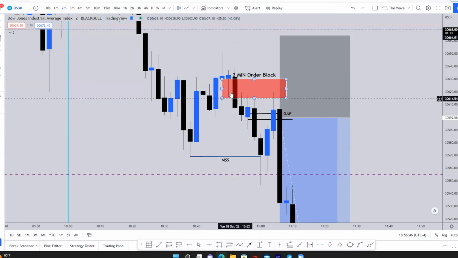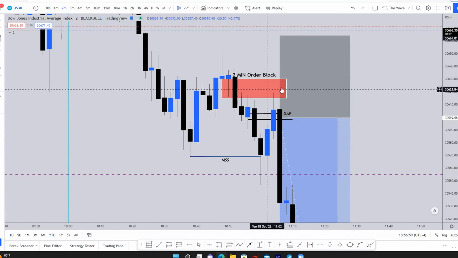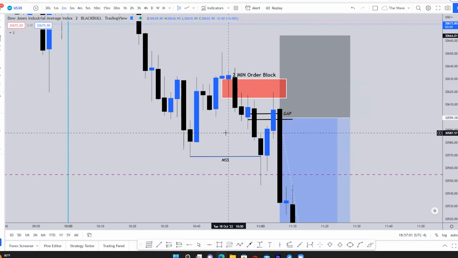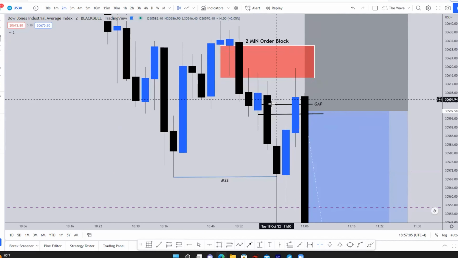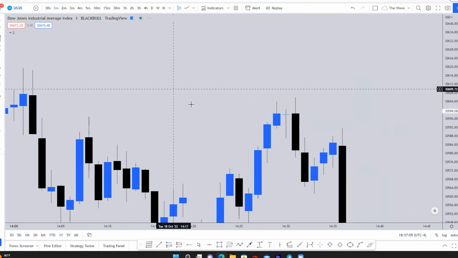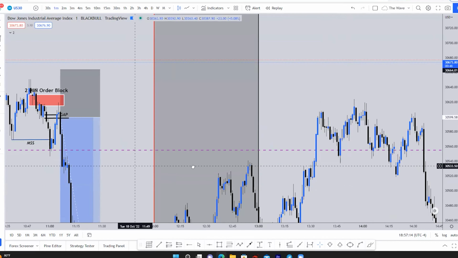But I like to use the wick on the bottom of the last upside candle. Same thing if it was the other way around: use the wicks on the top to the body as your order block area. Now, I was more focused on this gap in here. We go down to the 1 minute here.